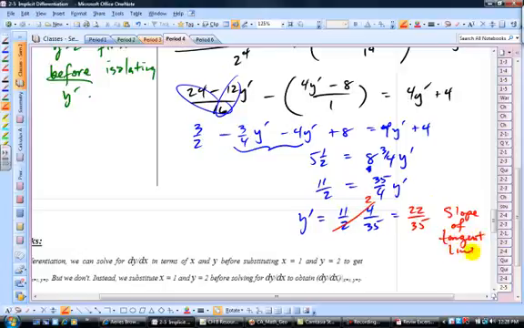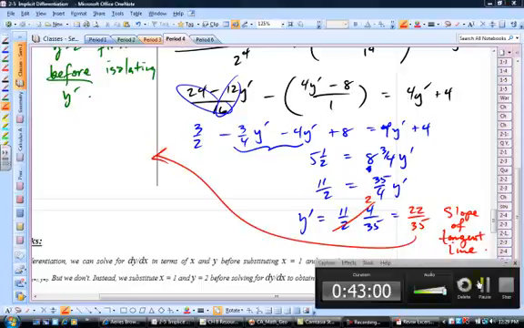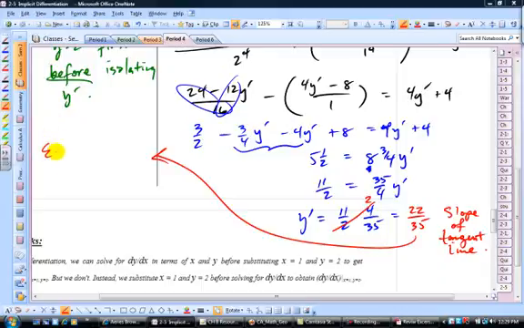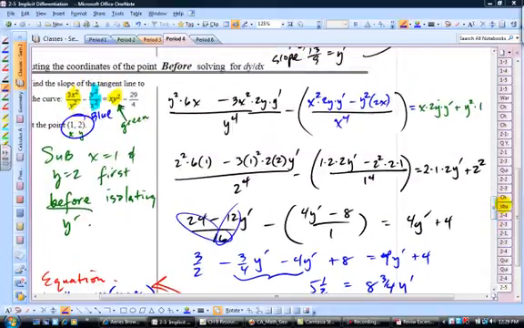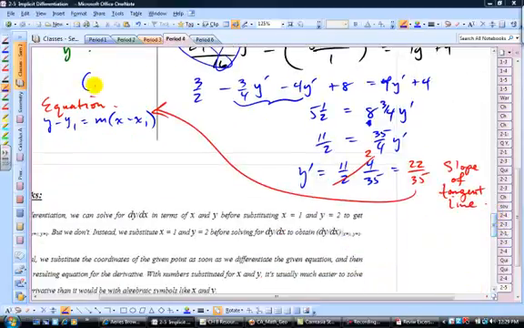Okay, now to get the equation, all I do is substitute it in. So to get my equation here, I need to substitute in my points of form, y minus y1 equals m times x minus x1. My point for substitution is at the very top here. It's 1, 2. So I'm going to just write that down, 1, 2. So I get y minus 2 is equal to my slope, 22/35, times x minus 1.